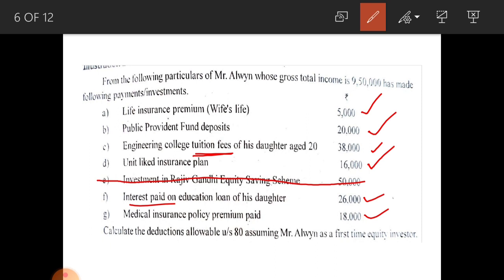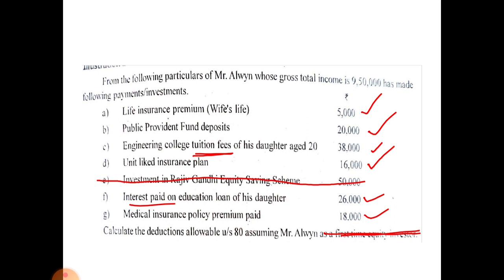Calculate the deduction allowable under section 80 assuming Mr. Alvin as a first time equity investor. Here you can ignore this first time equity investor because it is the information relating to section 80CCG, and from this assessment year onwards section 80CCG is not allowable.